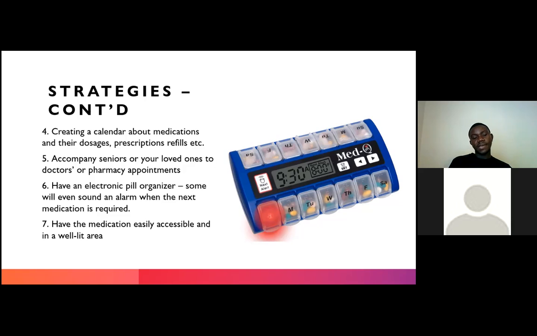You also want to keep the medications in a well lit area for seniors who probably have poor eyesight, poor vision. If the medication is readily available in a place where they can easily access and see it, it helps them not to miss their doses.